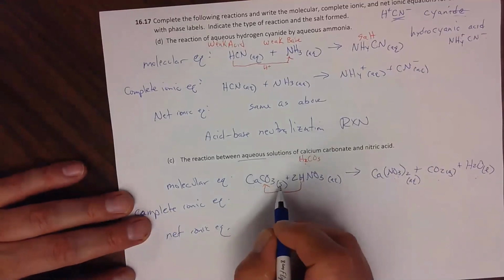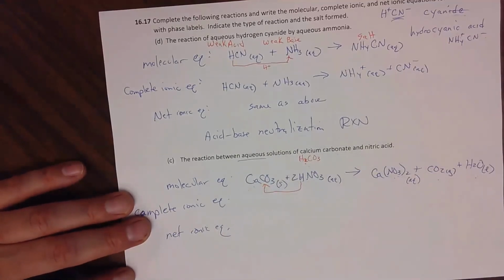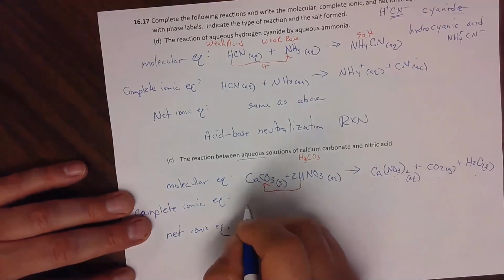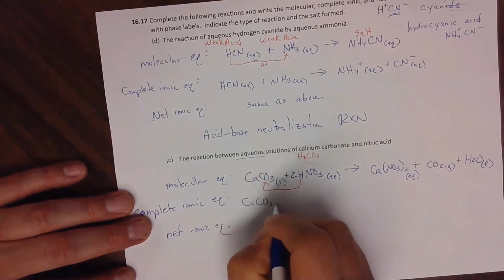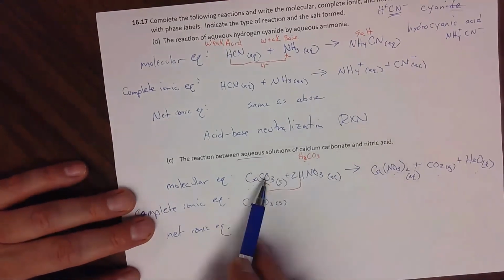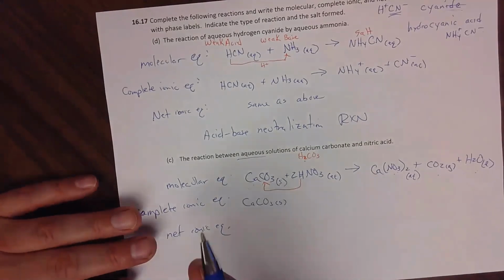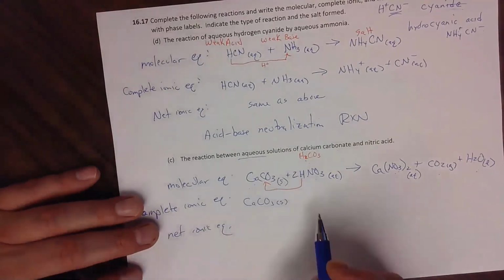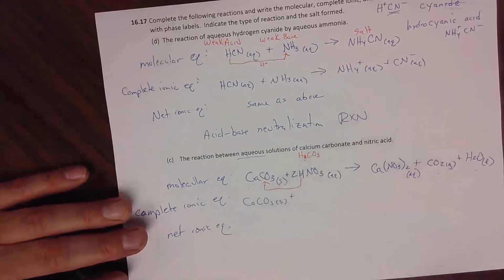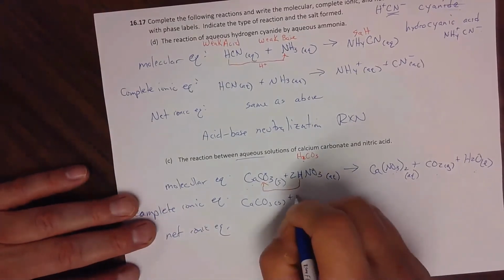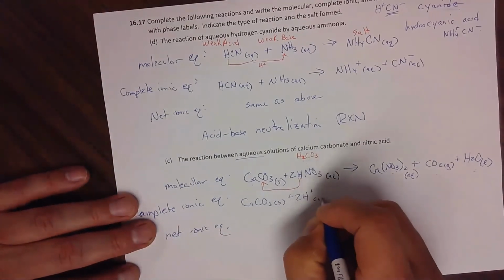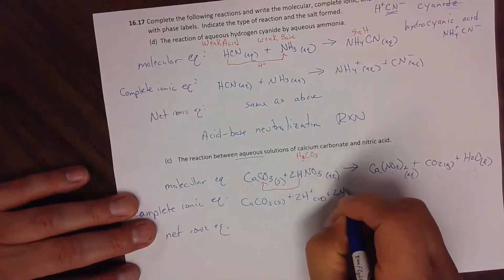Now, solids, liquids, and gases are never strong electrolytes, so I can simply bring them down. I don't even need to know that this is a weak electrolyte since it's an ionic compound, but it's not a strong electrolyte. That's what I need to know. Nitric acid I do know is a strong electrolyte because that's one of my 6 strong acids, so it's going to form the 2H plus and the 2 nitrates.